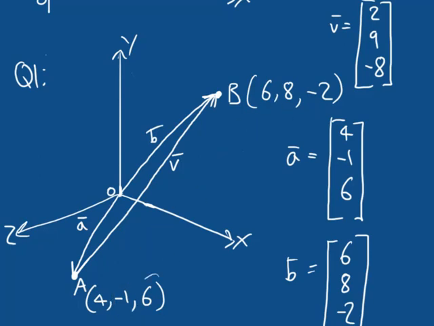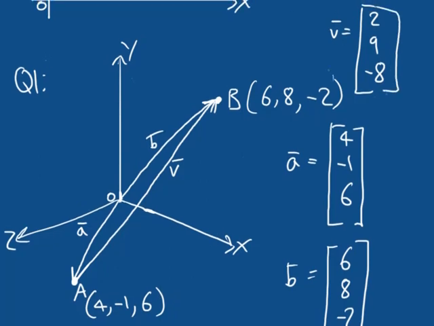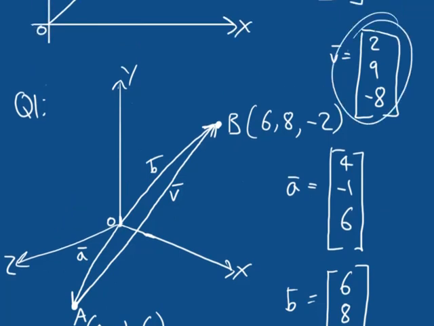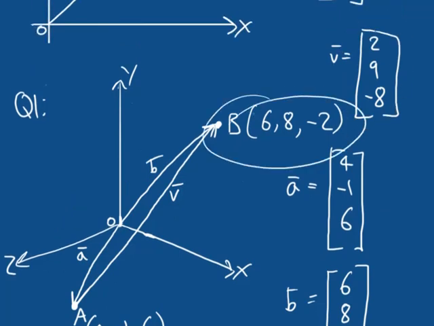And finally, if we started at 6 in z, but we travelled minus 8 in z, backwards 8 in z, that's going to take us to minus 2 in z. So we can see that indeed, if we started at this point A, and then travelled in the direction and the length of our vector V, we would indeed end up at point B.